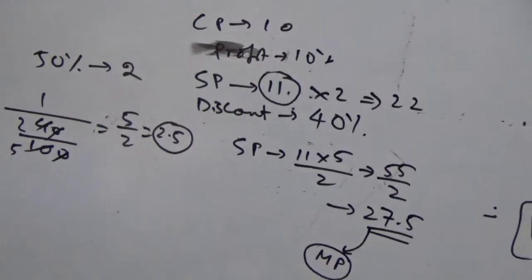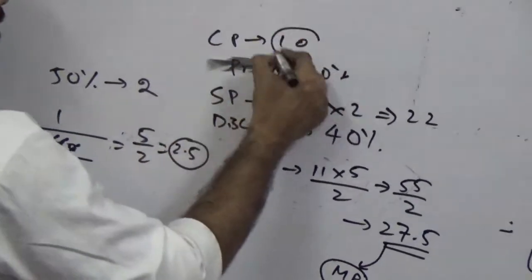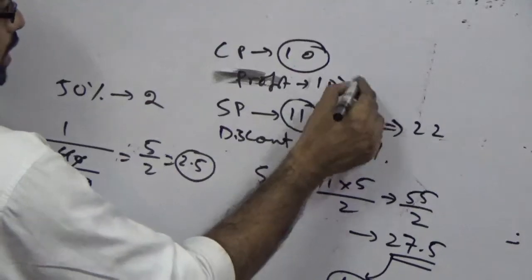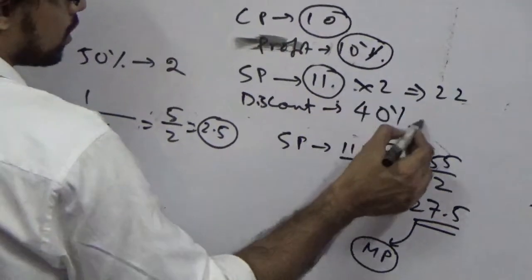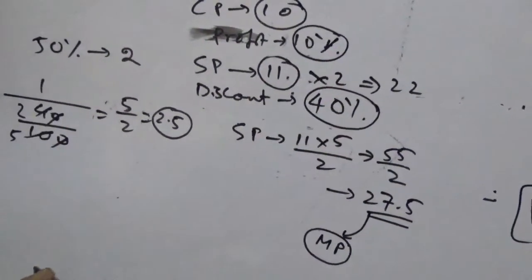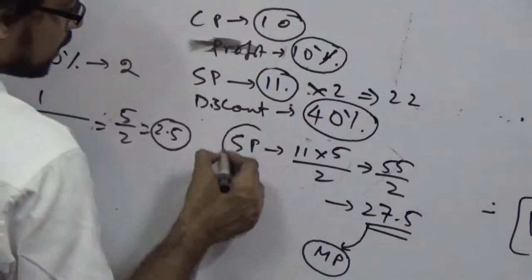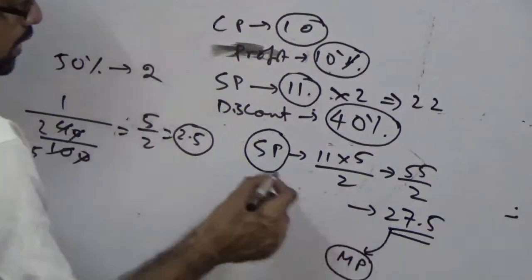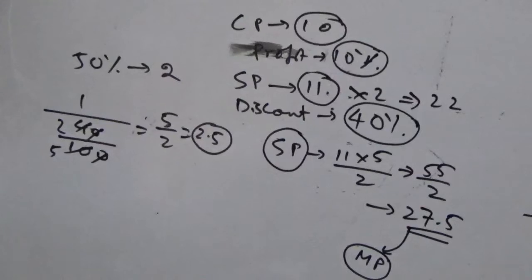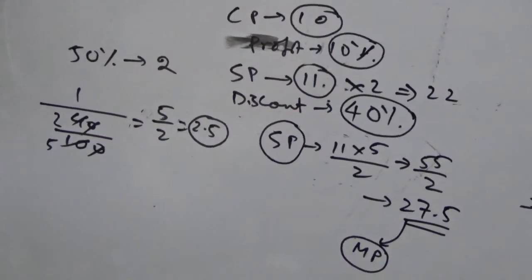So if my cost price is given and I want to give a discount of 40% and a profit of 10%, what is my ultimate mark price? You can find it with a formula.